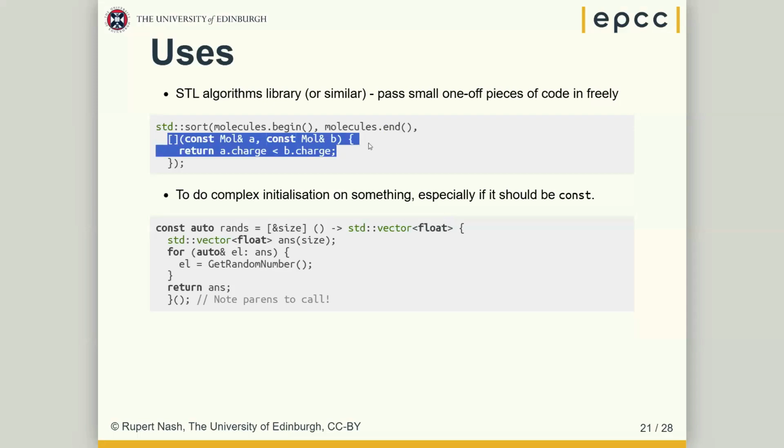So molecules might have a number of different elements, and they may have data members which are charges, and you may want to be sorting them based on the charges.